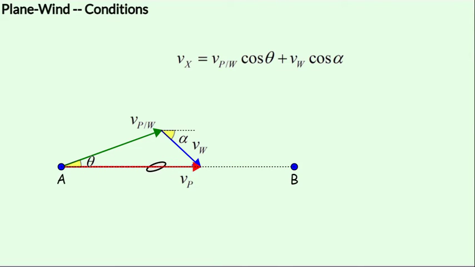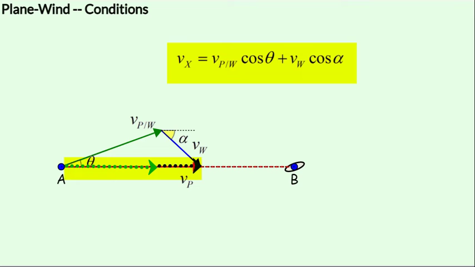We also assume that the plane does not accelerate in the x direction. The velocity of the plane in the x direction therefore is Vp with respect to w cos of theta plus Vw cos of alpha, which is the addition of the components of Vp with respect to w and Vw along the x-axis.